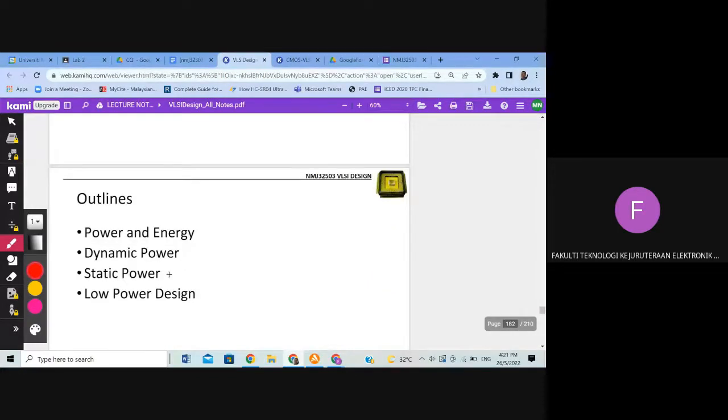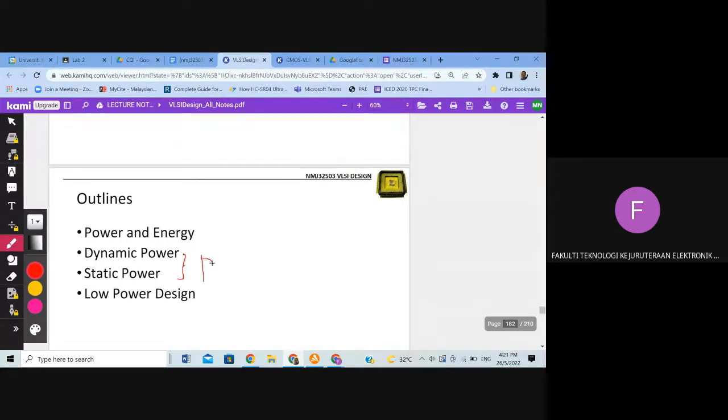So we will look into the introduction to power and energy. What is power, what is energy, how they are interrelated, and how they contribute to dynamic power and static power. These two elements contribute to the total power.